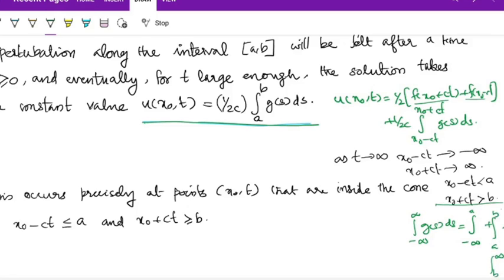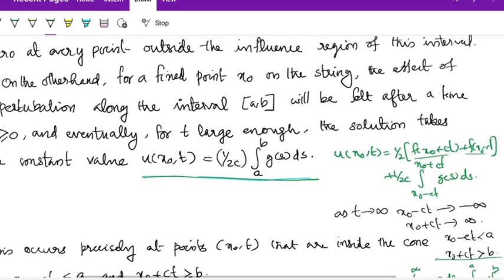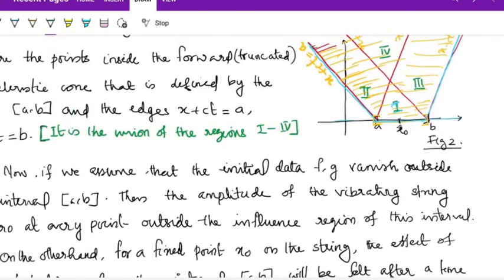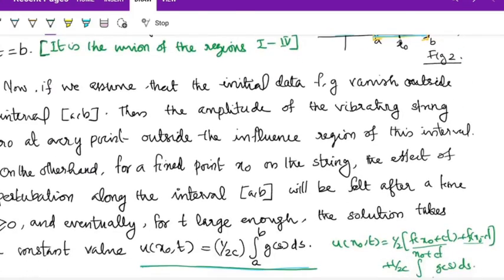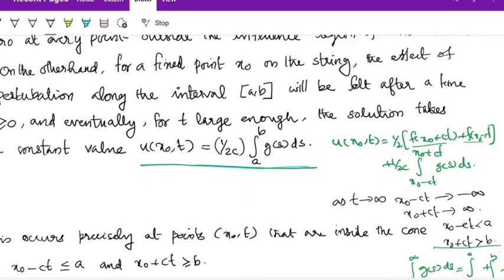From minus infinity to a and from b to infinity, g vanishes, and hence we have the non-zero value only in the closed interval [a, b]. So the solution u at (x naught, t) is equal to 1 by 2c integral from a to b of g of s ds. So this is about the solution at a fixed point x naught inside this interval.